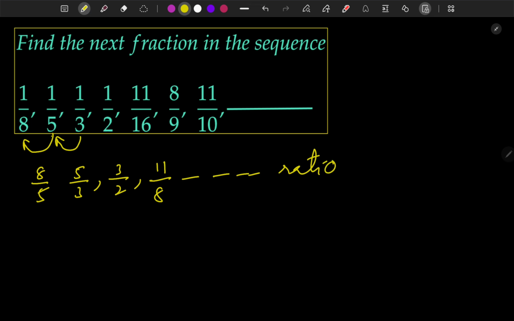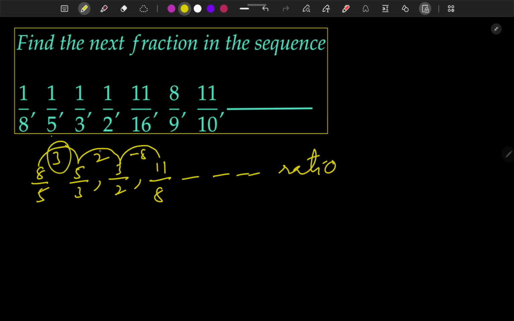You can observe the ratios are also not the same, therefore they are not following a common ratio. And you can observe the numerators and denominators in these ratios also. Here 8 minus 5, it is 3, and here 5 minus 3, it is 2. Here next it is going to fail: 3 minus 11, it is minus 8.